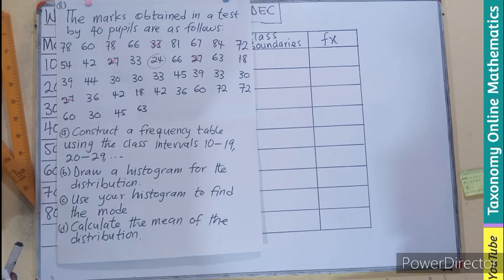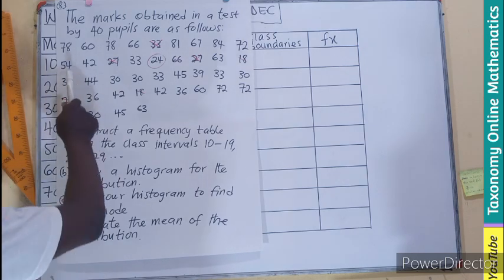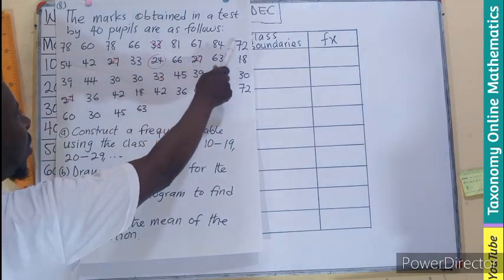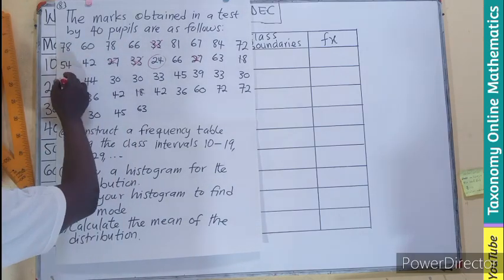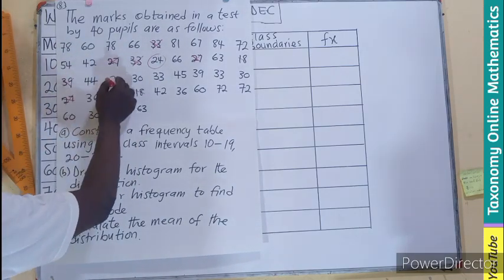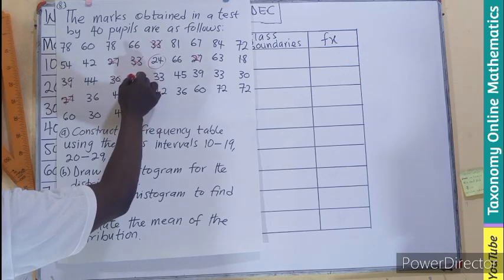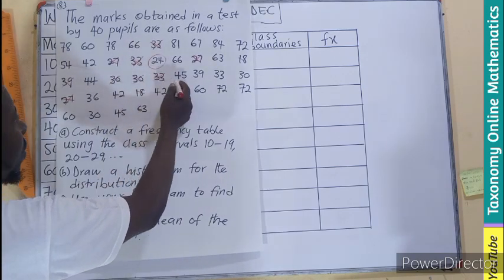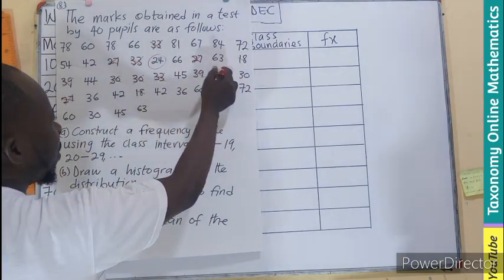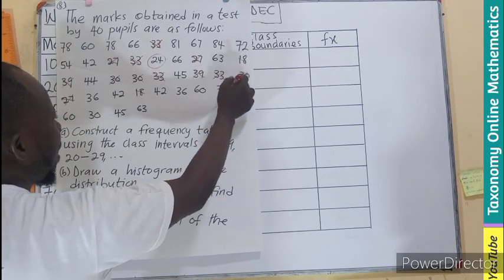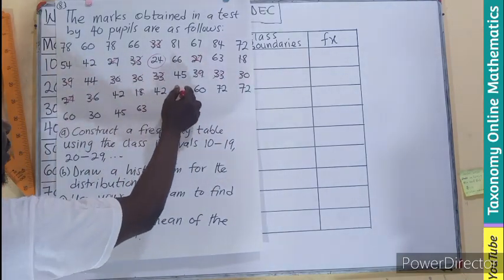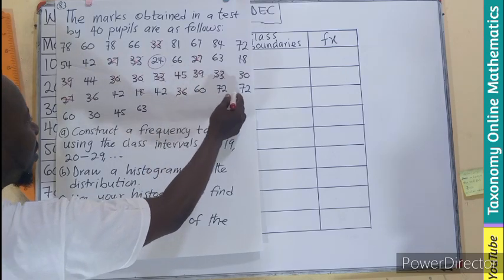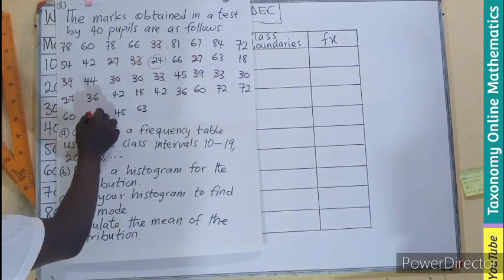So we are going to start again, 30 to 39. So we have 1, 2, 3, 4, 5, 6, 7, 8, 9, 10, 11, 12.